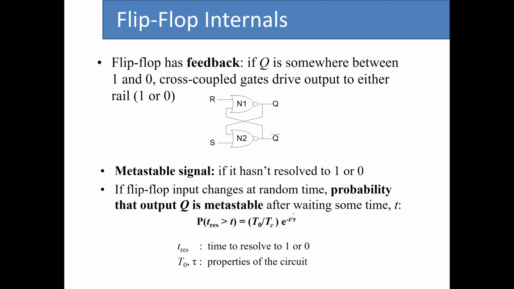In flip-flops, since we have cross-coupled gates connected in this configuration, after some time the metastable state will go to either 0 or 1. Again, we don't know which way, but we know that it doesn't stay in this state indefinitely.